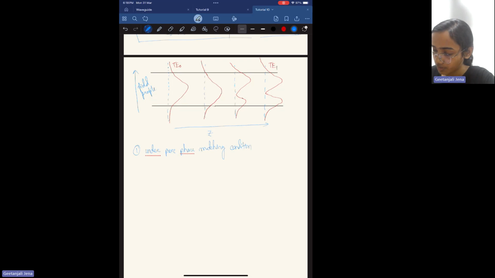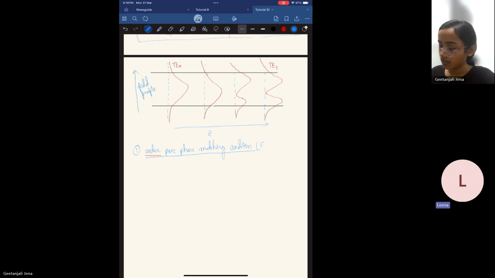For pure phase matching, gamma should be 0, right? So we'll consider two cases: first, pure phase matching condition for co-directional coupling, and the other case, when we don't have pure phase matching condition.